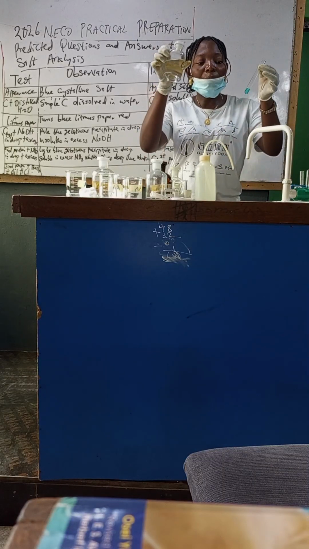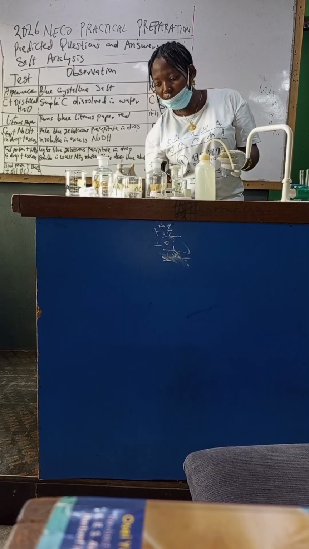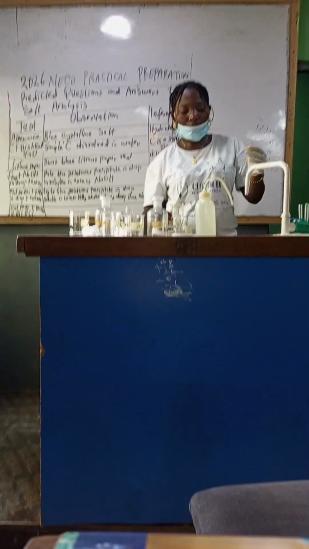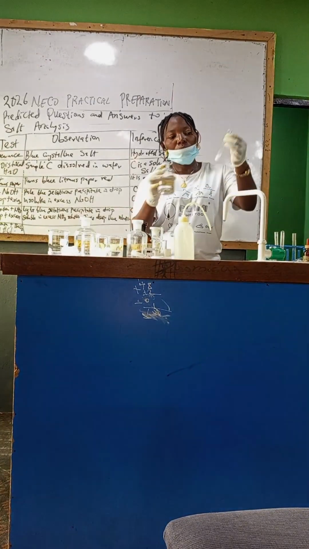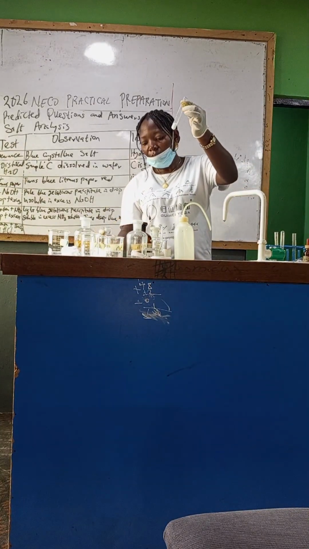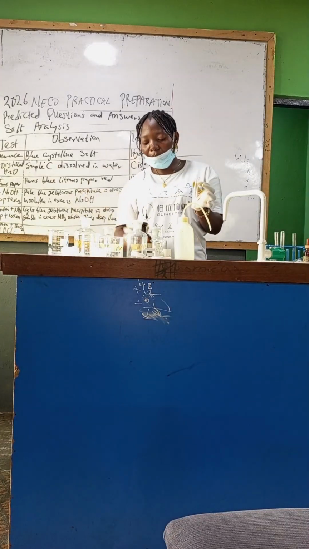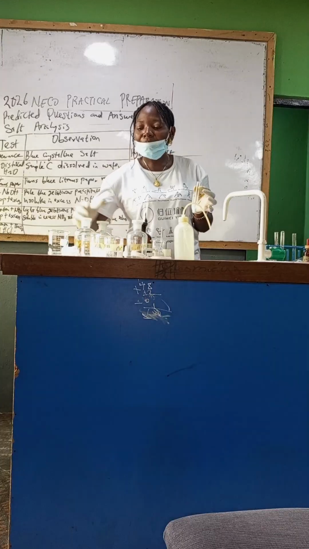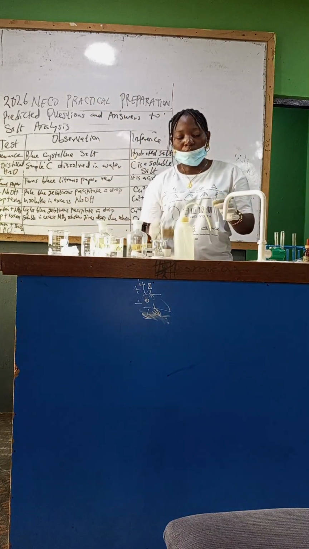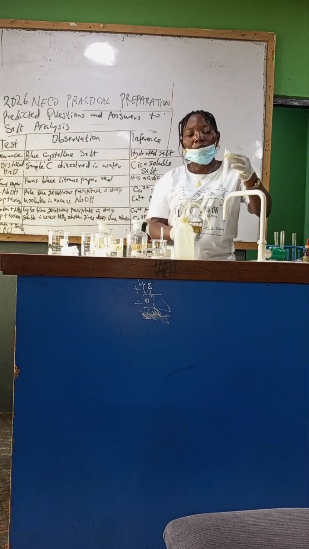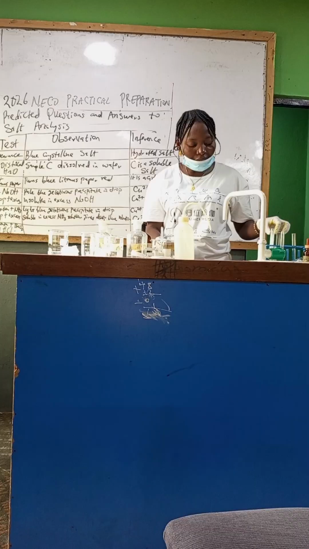Here is our barium chloride. Can you see it? White precipitate formed in drop of barium chloride. Then this is dilute hydrochloric acid. Insoluble in excess dilute hydrochloric acid.